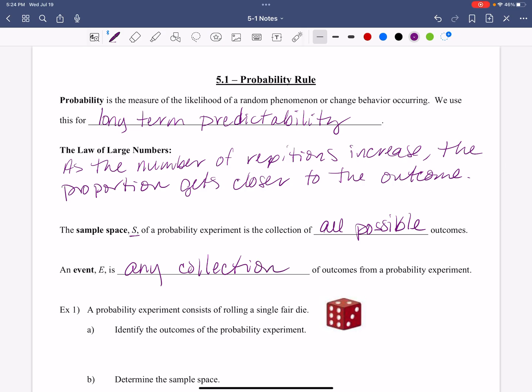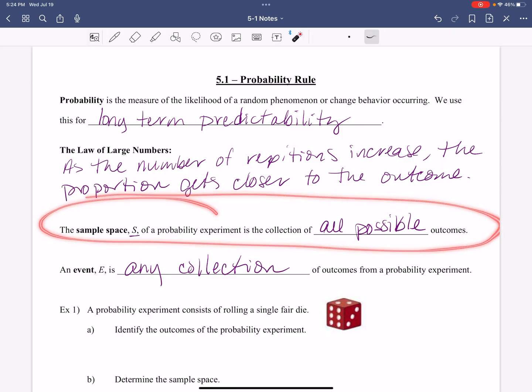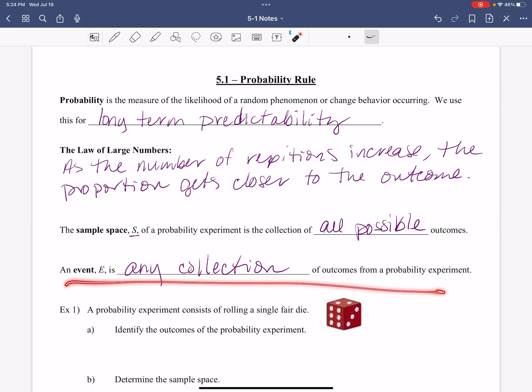So the sample space is all of them, all the possibilities that are available. An event is just a collection of outcomes from the experiment. So an event is just like one piece of it.